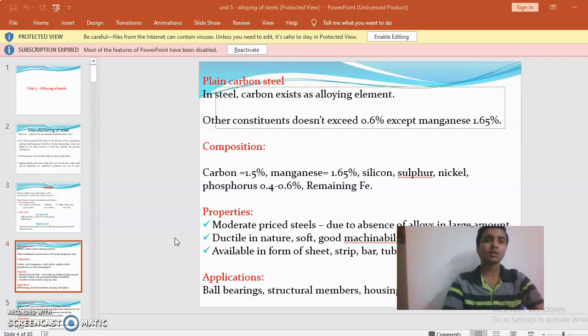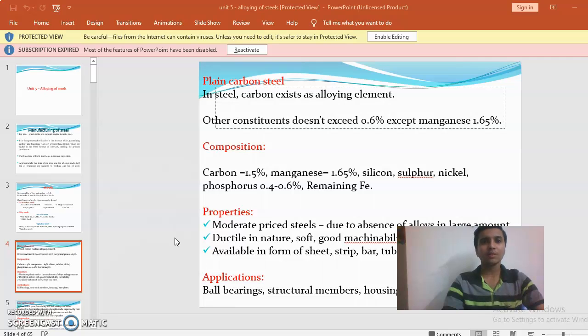The properties of plain carbon steel: they are moderately priced steels due to the absence of large amounts of alloys, ductile in nature, soft, with good machinability and formability, and available in the form of sheet, strip, bar and tube.